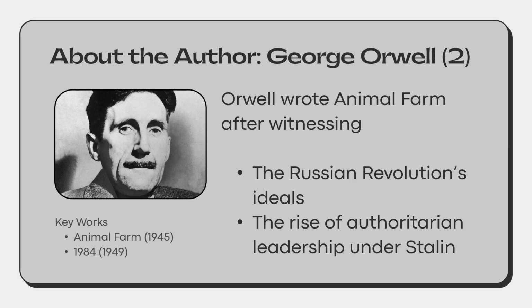Orwell wrote Animal Farm in 1945 after observing how revolutionary ideals in the Soviet Union were corrupted by dictatorship. His goal was not merely to tell a story, but to warn readers about how power can distort truth and morality.